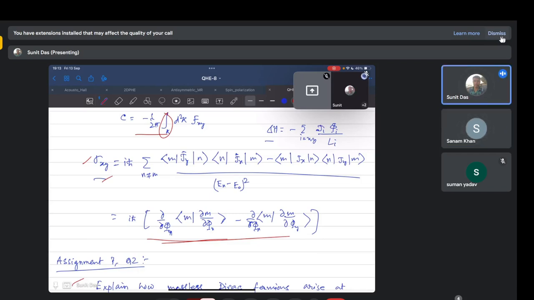Based on the geometry, one will choose this wave function there. Mostly we do that just for our convenience.